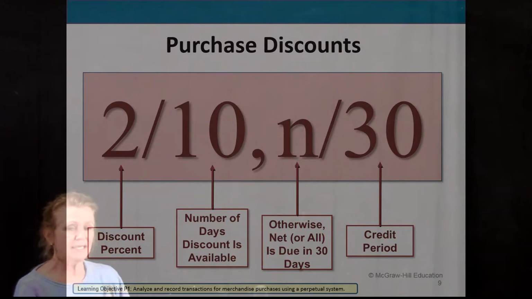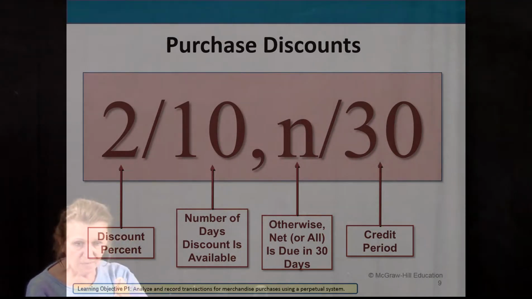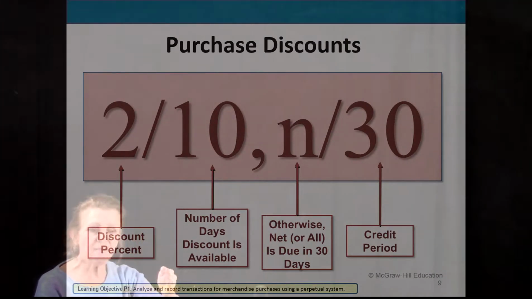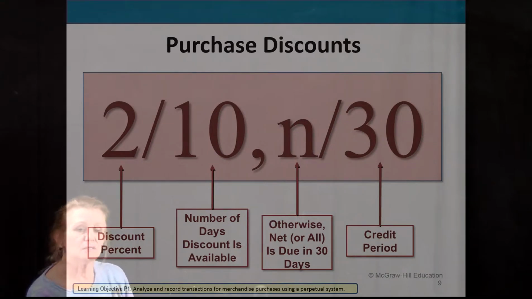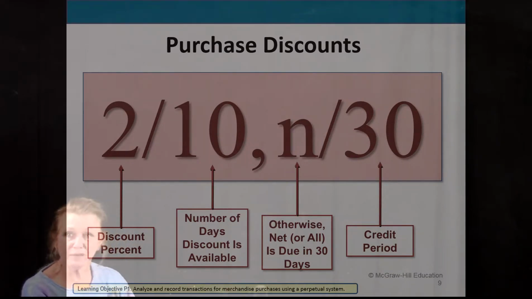It is always written this exact same way: discount percent / number of days, comma, net amount in this amount of days. So this purchase discount says you get a 2% discount if you pay it in 10 days, or you pay the full amount, but you have to pay it within 30 days.